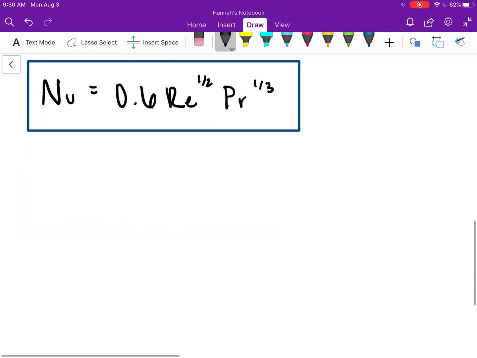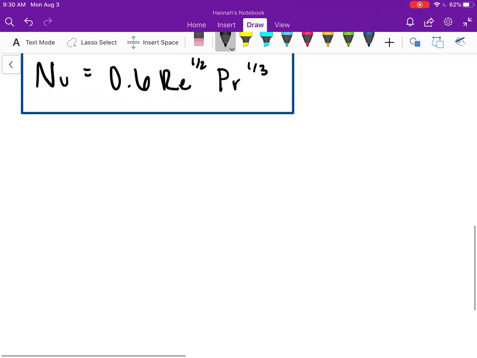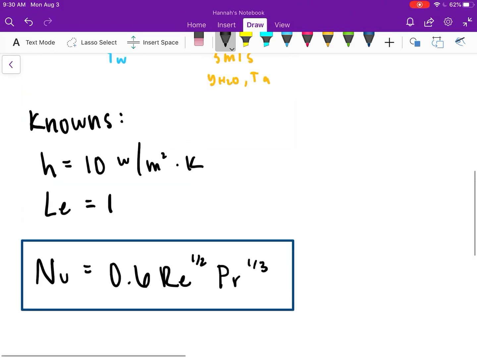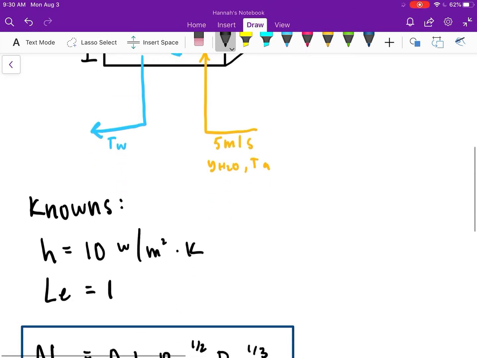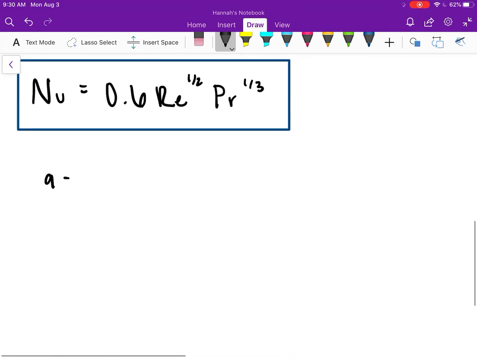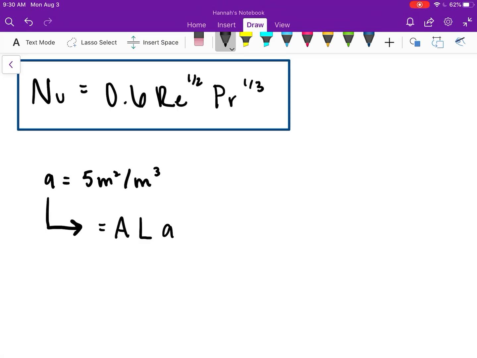So jumping right in, we're going to solve for a couple things that we can use later on. So the first is we know that the water-air contact created from the slats is going to be 5 meters squared per meter cubed. So then that means the total contact area is going to be equal to the total area times the length times that contact area due to the slats.